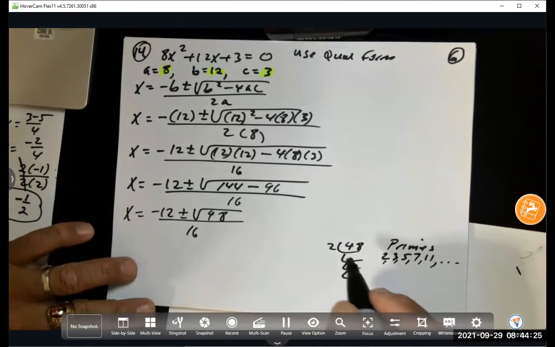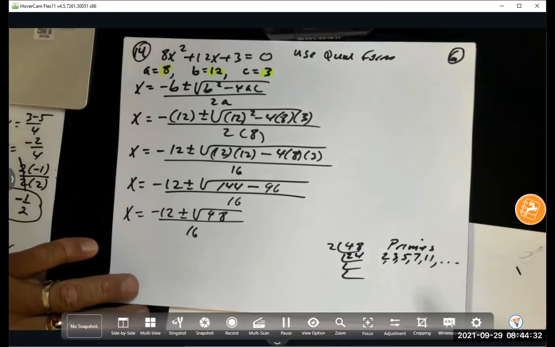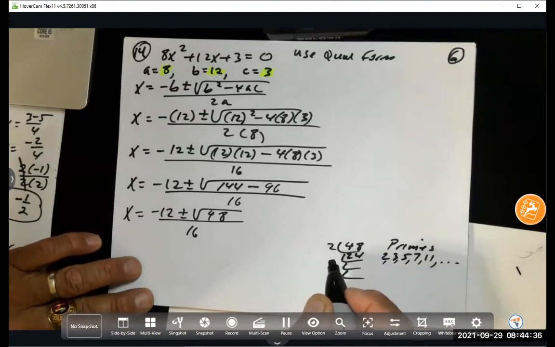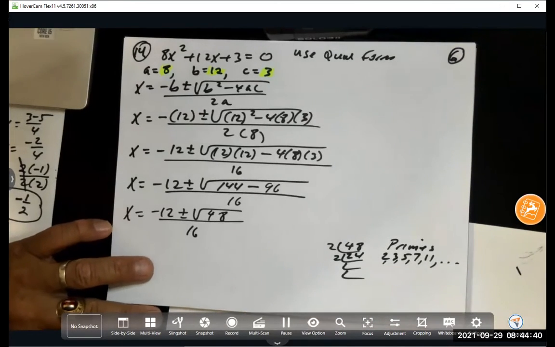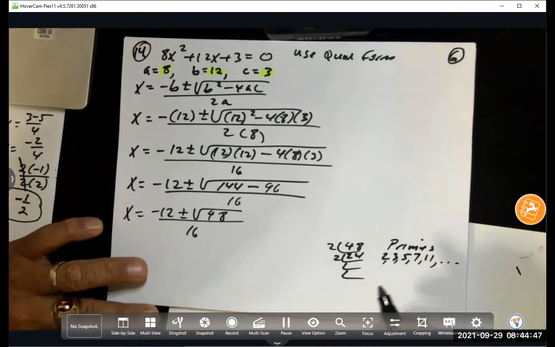How many times? 2 divides 48, 24. Does 2 divide 24? Yes or no? How many times?